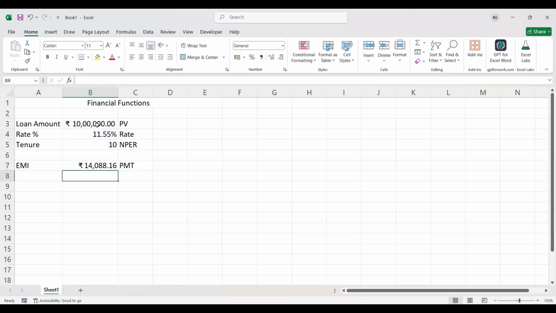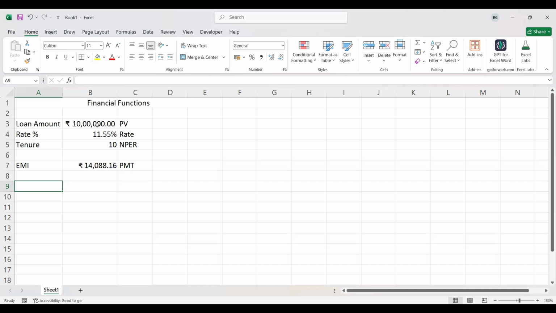So 14,088 rupees 16 paisa is what I have to pay per month as EMI on this loan with an 11.55% rate and a tenure of 10 years. Now, I know that I am paying 14,088 rupees per month, and in this amount both principal and interest are included.